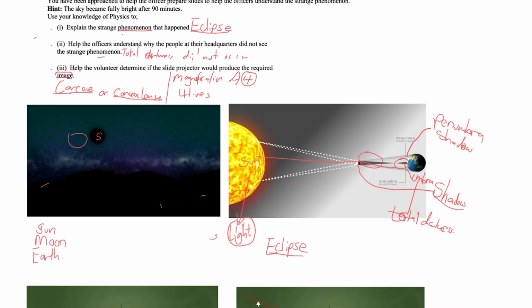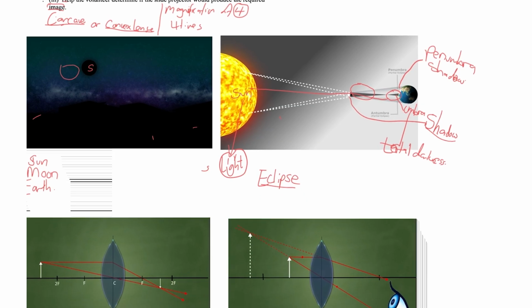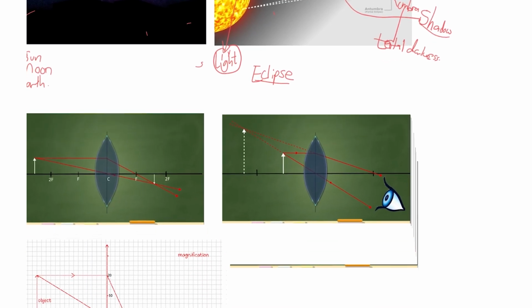Now, magnification is simply the process of making an object appear larger than its actual size. Let us choose which of these two, the concave lens and the convex lens, produces an image that is larger than the actual object.